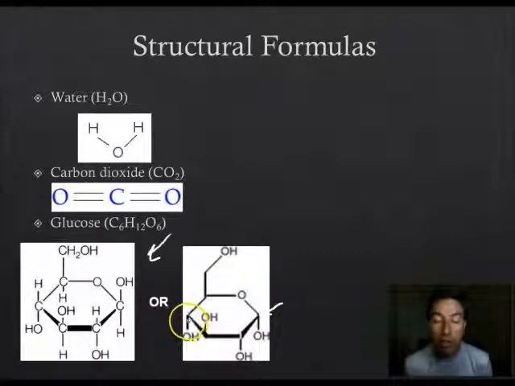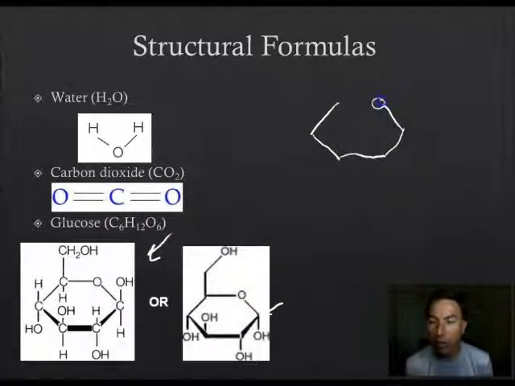So you don't see carbons over here, but they're there. These are different structural formulas. You also might see glucose as just a hexagon with an O up there, and that could symbolize glucose as well. So be aware of those different ways to structurally show different molecules.